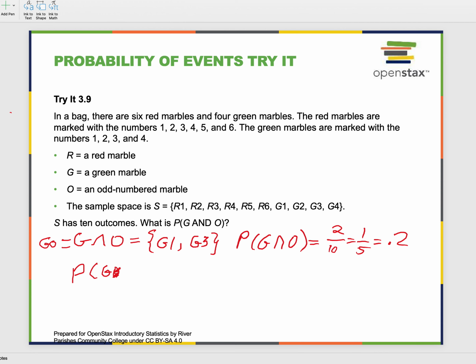Let's not erase. Green, let me go back here. Given that I got odd.